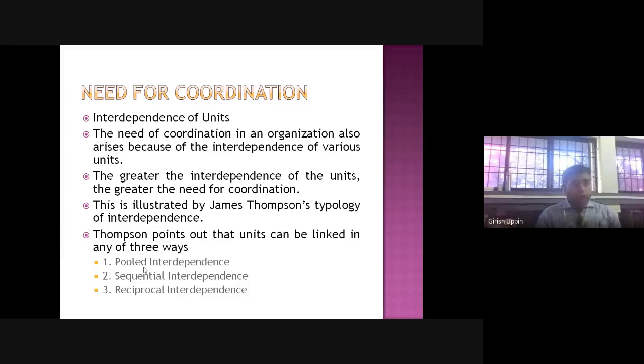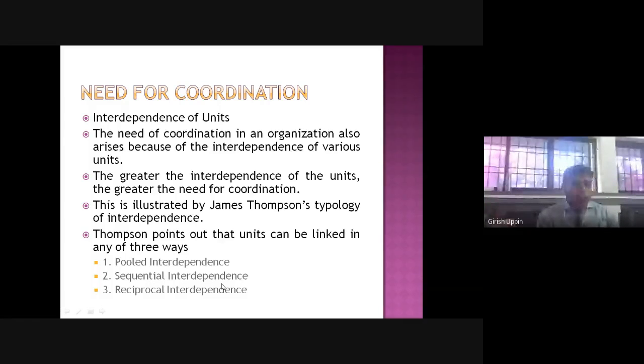Let us say we have pooled the production activity into different groups. I give an example where we are producing 10,000 products. There are 10 groups, 10 pools, which will produce 1,000 each. Then there should be proper coordination between these teams. That is a pooled interdependence.